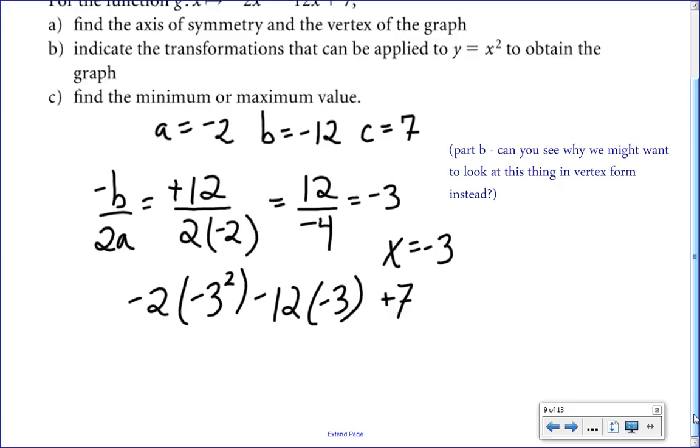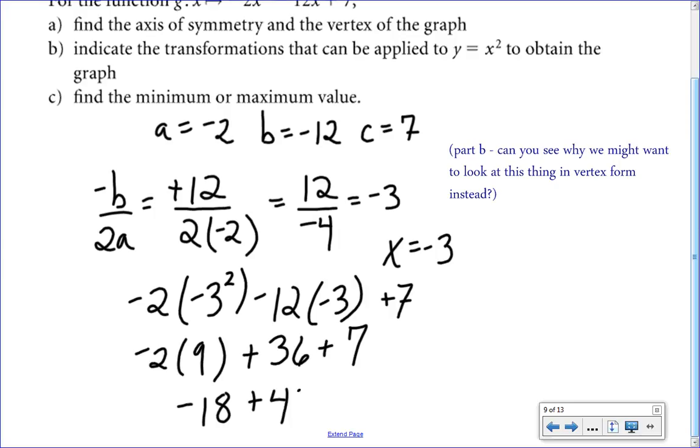This gives us negative 2 times 9 plus 36 plus 7. This gives us negative 18 plus 43, and this gives us positive 25. So now we have the coordinates for our vertex. Our vertex is at negative 3, 25.